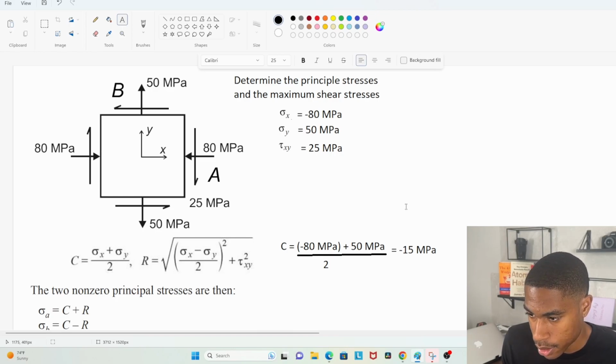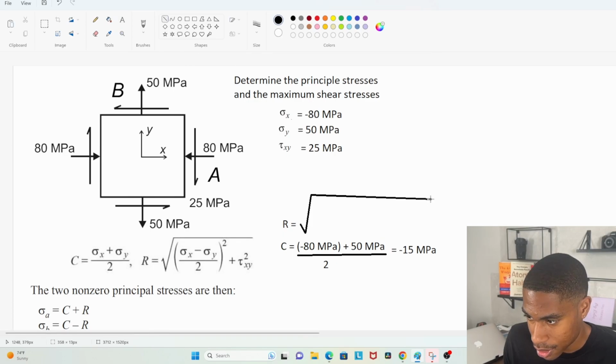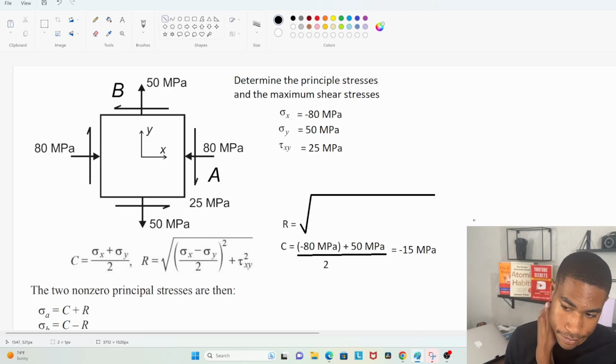What about R? Let's do R up above, is equal to the square root of, I wish I had a square root symbol so this could be a lot faster, but you get the gist.